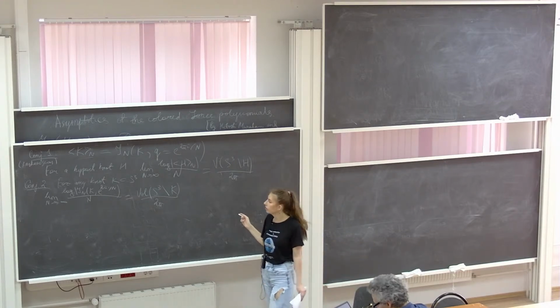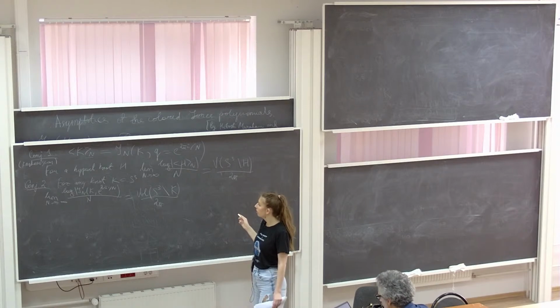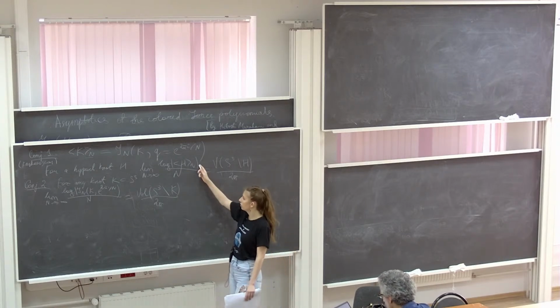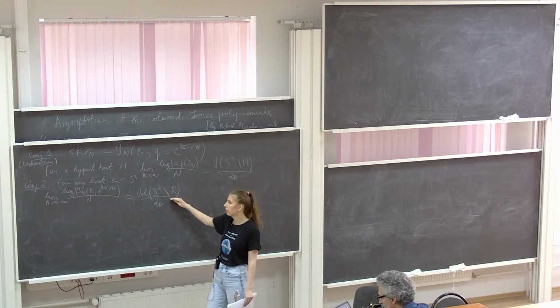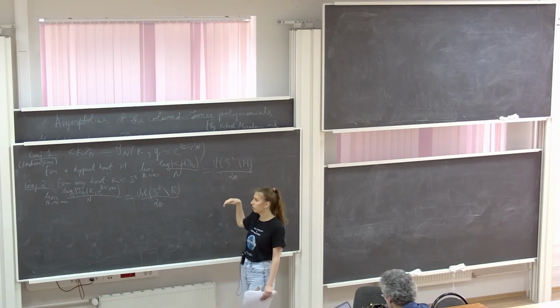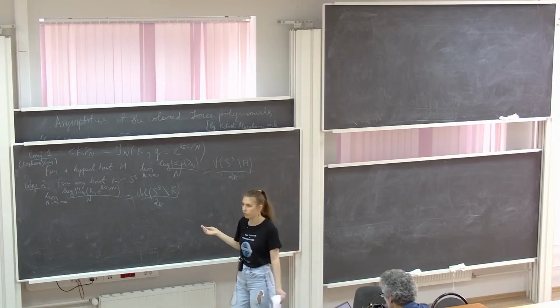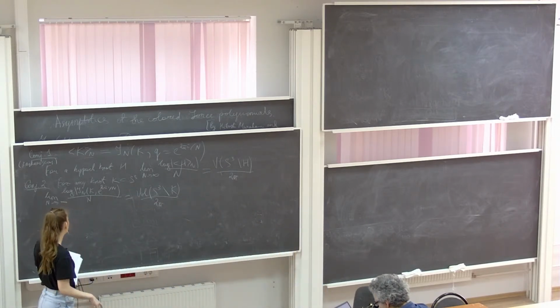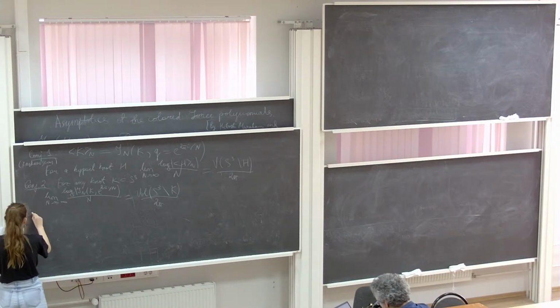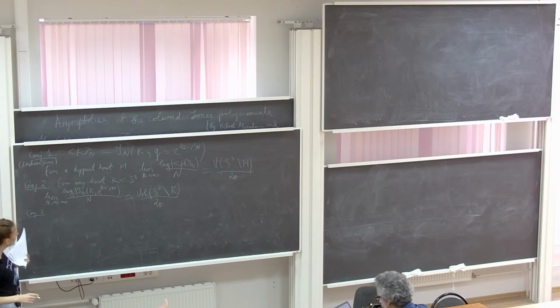What is the difference between these two conjectures? This conjecture follows from this one, but here we consider not only hyperbolic knots but any knots. For hyperbolic knots, it's just the same. Logarithm of what?